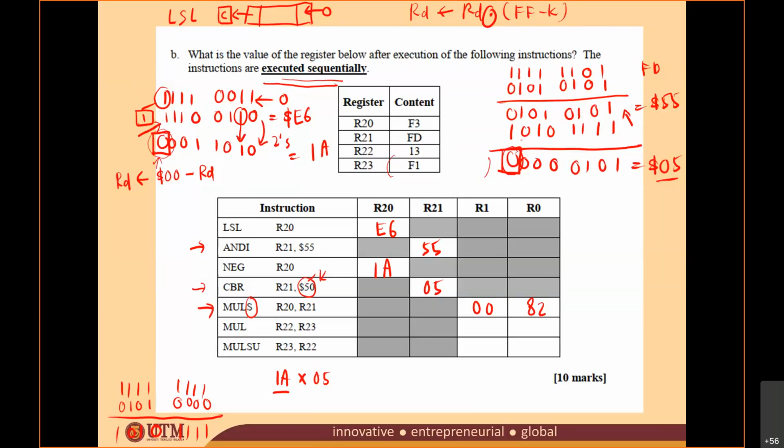Okay, next. MUL R22 R23. So R22 is 13, multiply with F1. Okay, because this is an unsigned number, so you can directly multiply 13 multiply with F1. What answer you get? Berapa dapat? 13 darab dengan F1.